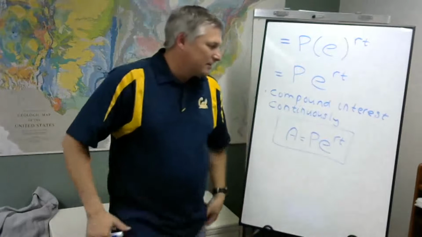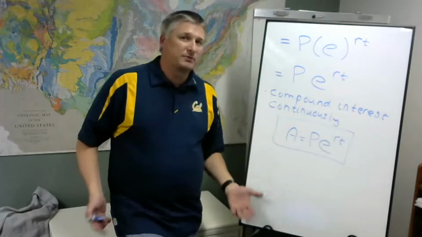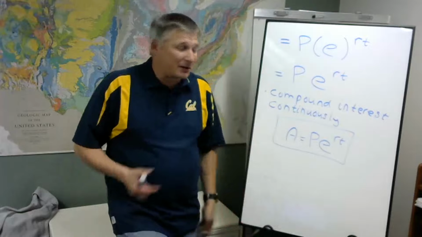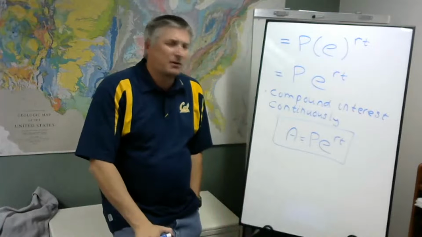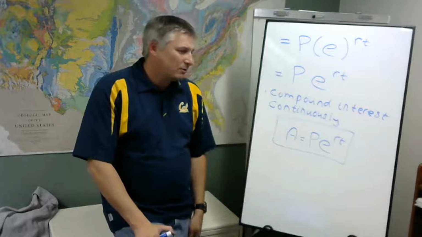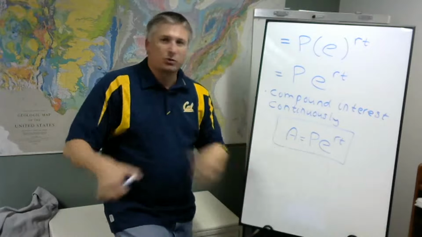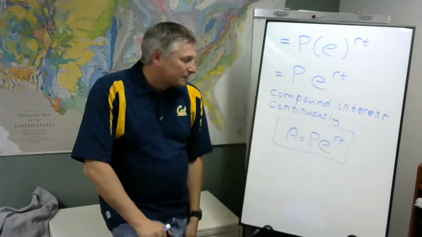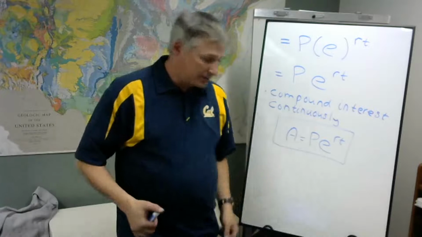So e comes up naturally as we increase the number of times we charge interest in a year. And that's sort of where it comes about. It comes up in other places too in mathematics. It's a very common number, actually. What pi is to geometry and trigonometry, you'll see e showing up in all kinds of places. You're going to be encountering it quite a bit in the future.